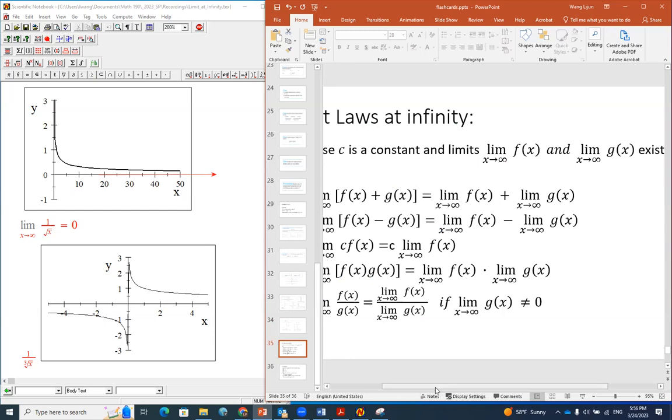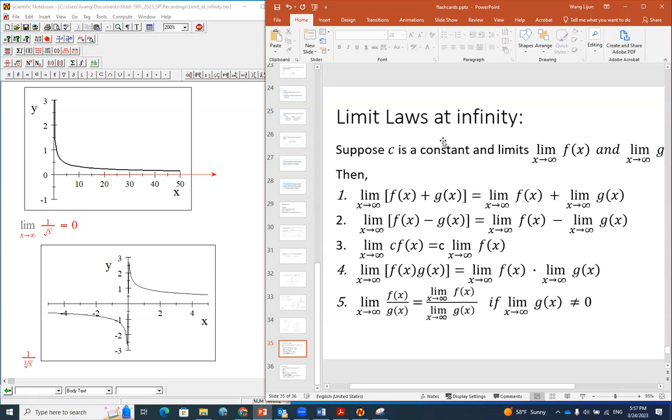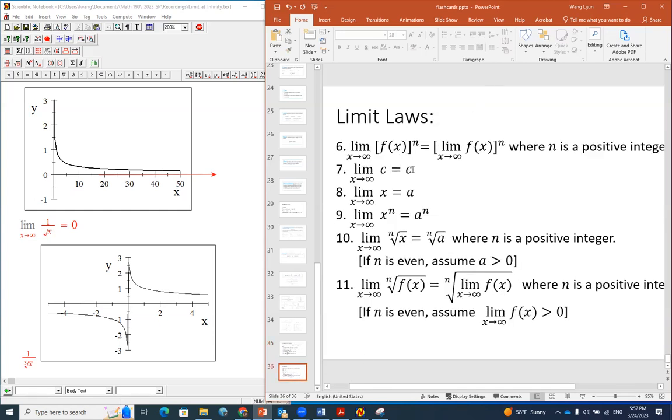Now about these properties, the laws of limits at infinity are similar to limits of a function at a. Individual limits must exist before we can add, subtract, multiply, and divide, providing the denominator is not 0, and all of these properties will still apply. So that's about the laws of limits for limits at infinity.